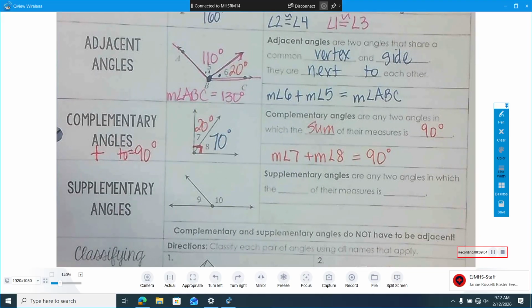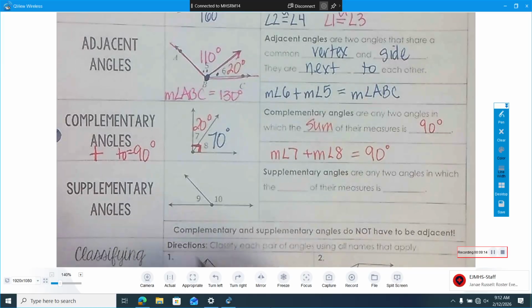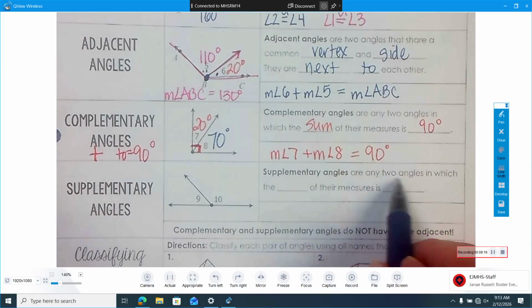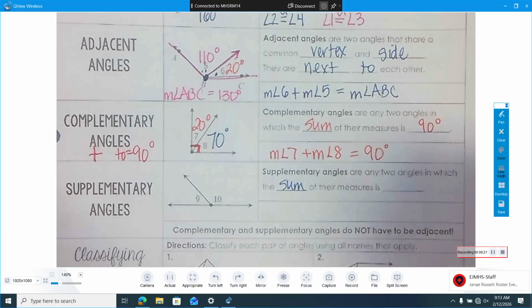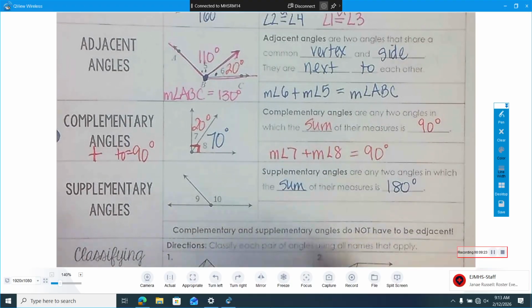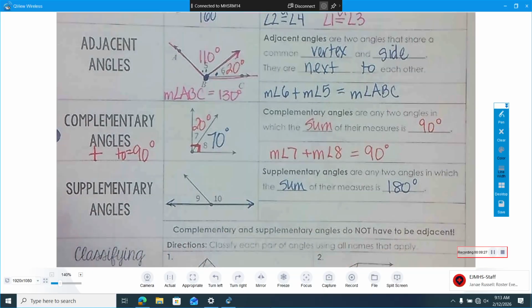Yes, so in this picture, we have a straight angle. Angle 9 and angle 10 in this picture are supplementary angles. Supplementary angles are any two angles in which the sum of their measures is 180 degrees. So here we have our straight angle, and we talked about that yesterday.